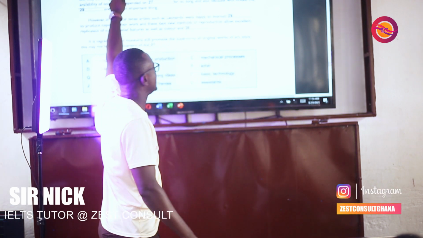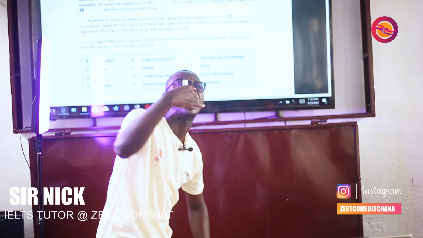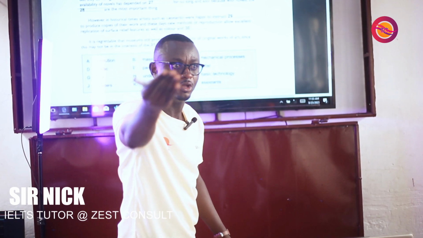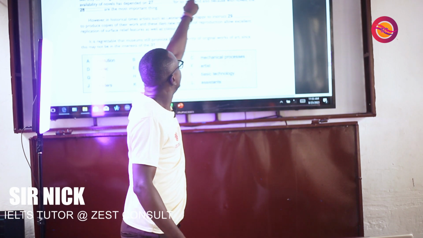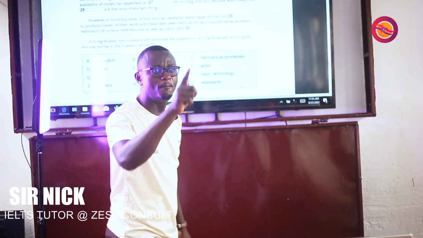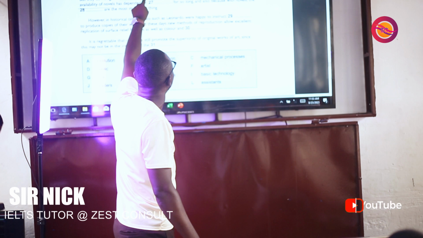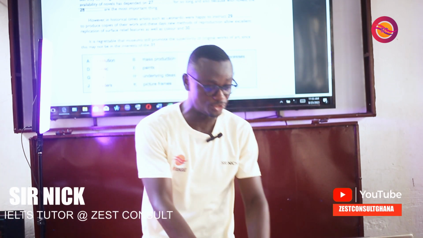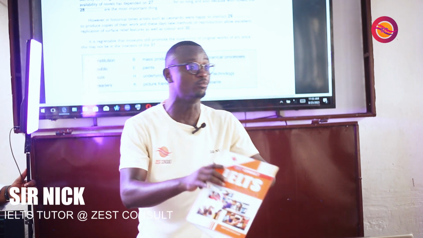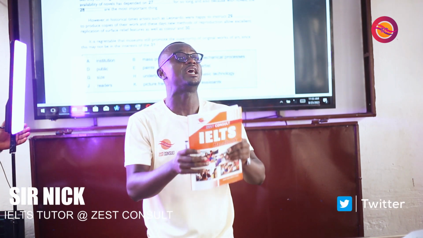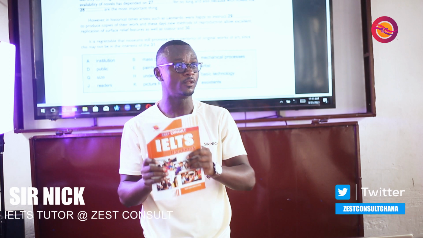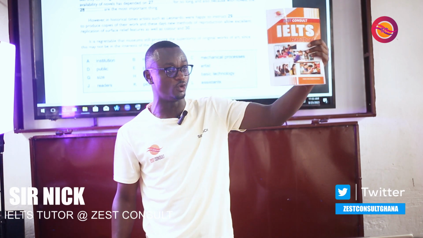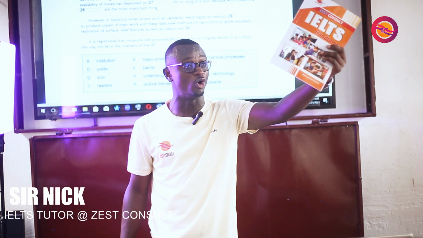So the first sentence says that people go to art museums to watch who? The original work of art. But you will not go to a museum to read the original manuscript of a novel. So let's assume that Zest Consult Handbook here is a storybook. Now you are having it because it has been printed, yes or no?